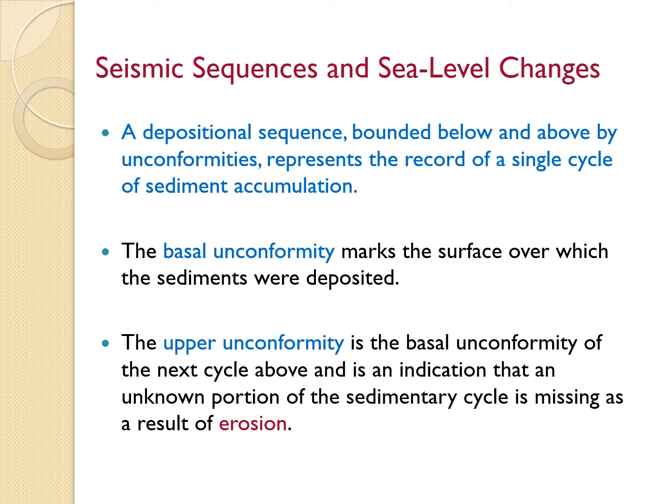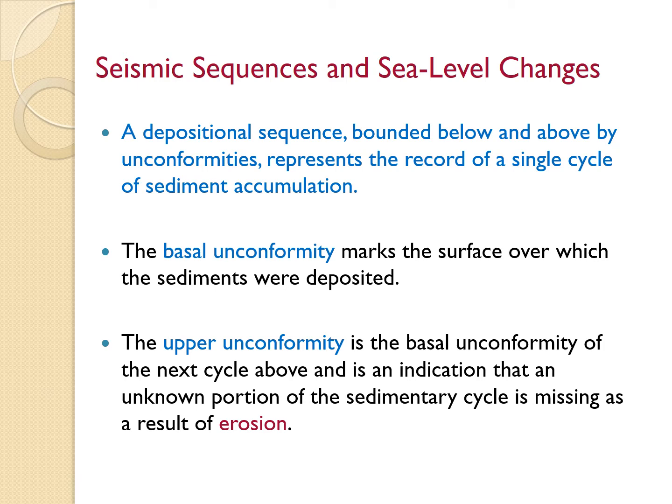So whenever you see a sequence of deposition with an unconformity at the top and the bottom, this can give you an impression about one cycle of sediment accumulation. The lower one, or the basal unconformity, gives you an idea about the surface over which the sediments were deposited. But the upper unconformity gives you an idea about the basal unconformity of the next layer above.